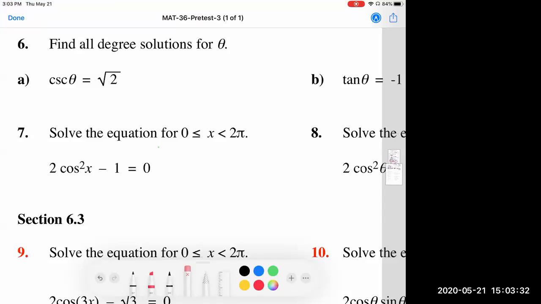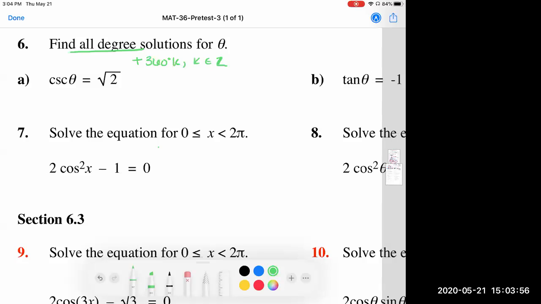Question 6. Find all degree solutions for theta. Okay. All degree. So I'm just going to make myself a little note. I know because it's all degrees, I need to add plus 360k when k is in the integers, right?